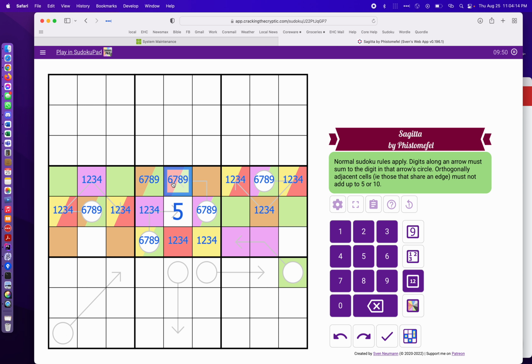But then this one can't be a 9 because it's on an arrow. This one can't be a 6. And this one's a low, and it can't be a 4 because that would add up to 10. So orange is not 4, which means high orange is not 6. Because remember, orange and high orange add up to 10. So this can't be a 6.